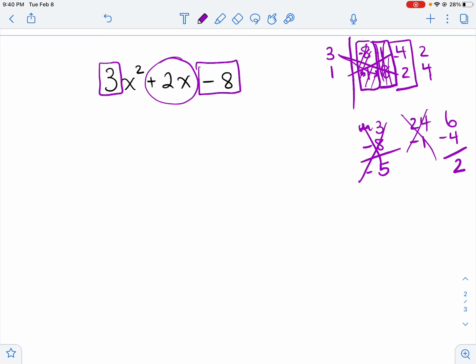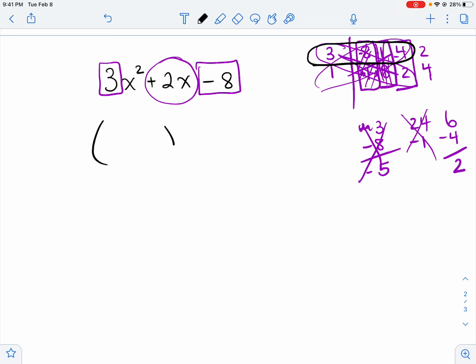So in my head, I knew the 4 would be the negative one because I could see right off the bat that 3 times 2 is going to end up being bigger than 1 times 4. And I knew this was a positive number. So I knew I didn't want the 6 to be the negative thing. Okay, cool. So once we found our numbers, we read them straight across.